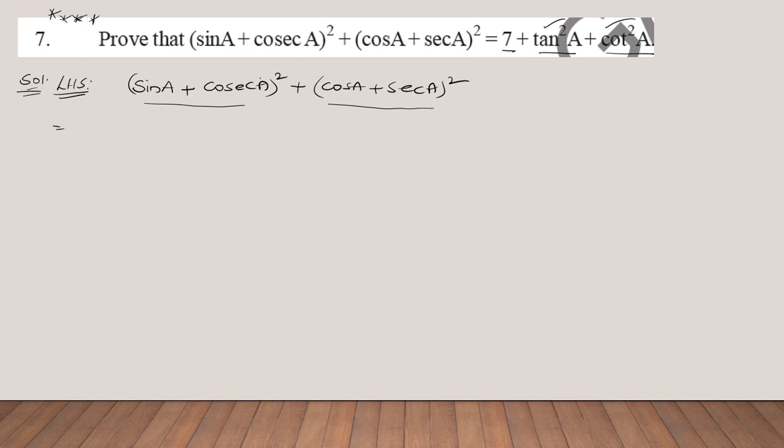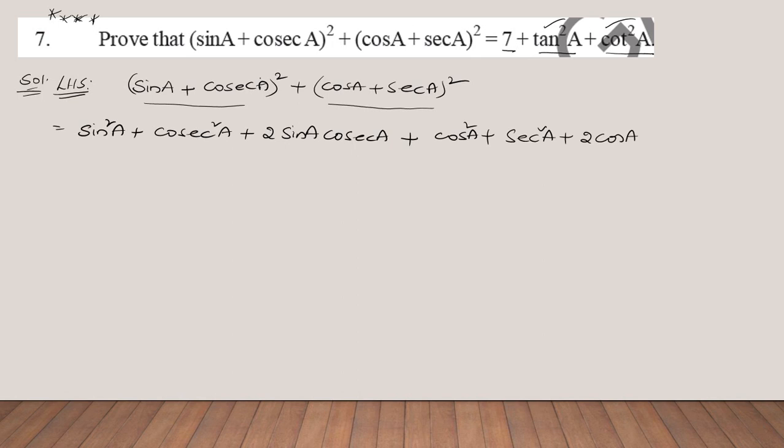Now the expansion of (A plus B) whole square is A square plus B square plus 2AB. So sin square A plus cosecant square A plus 2 into sin A into cosecant A, plus, here also the same way, cos square A plus secant square A plus 2 into cos A into secant A.